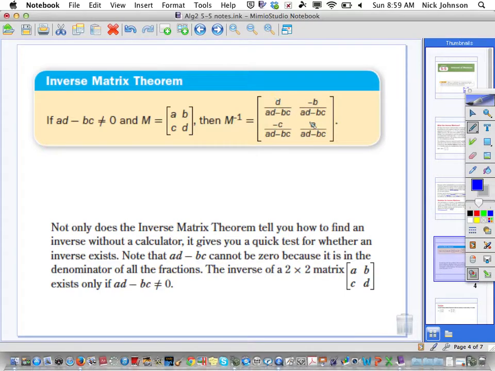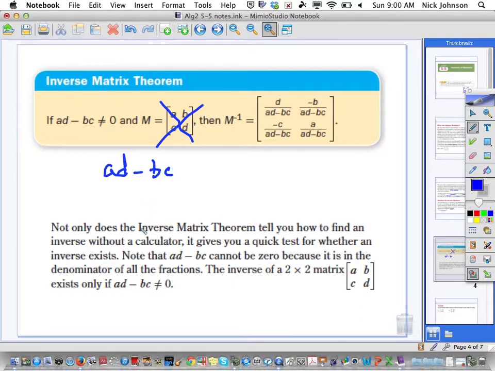B and C just get a negative symbol put on them, so it's opposite. Now, all of these are divided by A times D minus B times C.